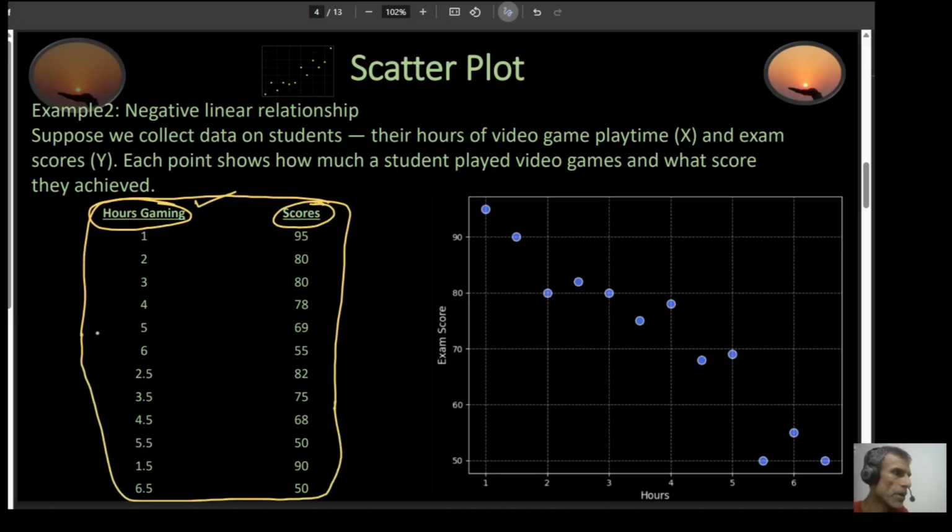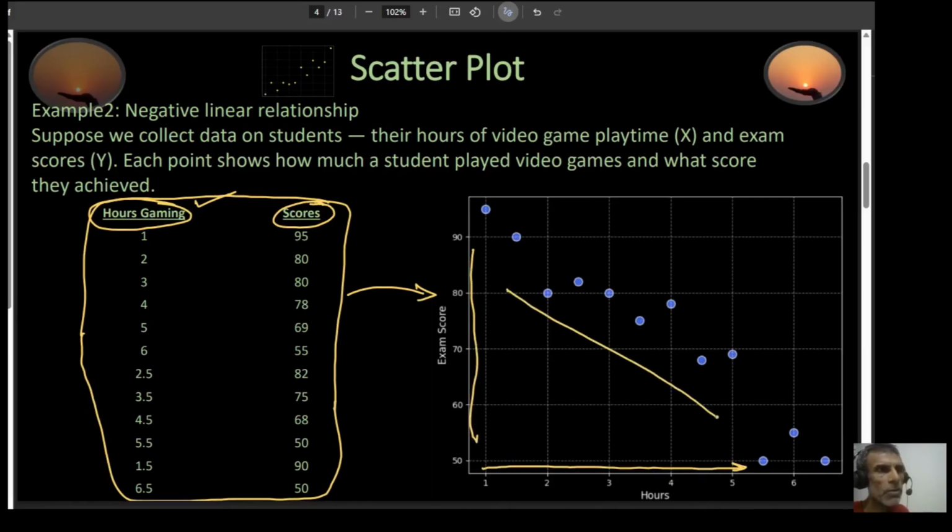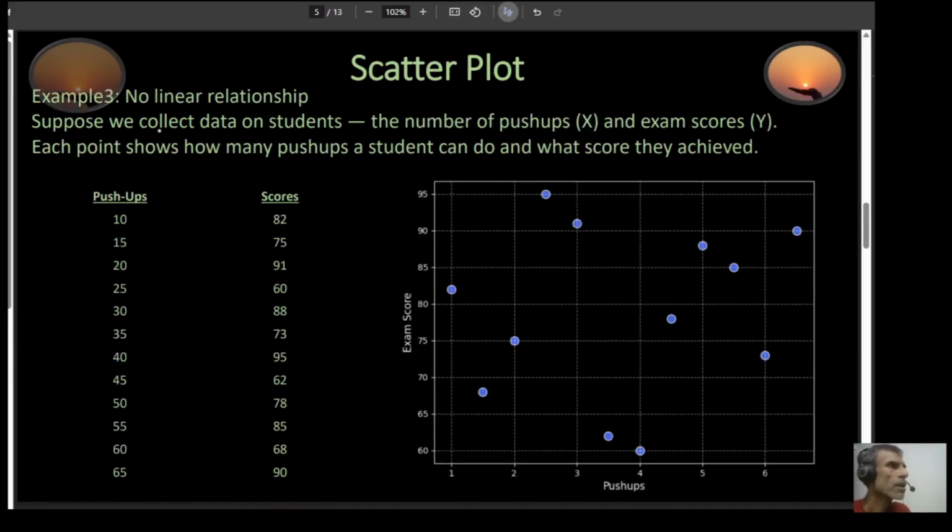But when you plot it, you can tell that as the number of hours increases, his score decreases. This is my y-axis right here. So as he spends more hours on video games, his score goes down. By looking at your scatterplot, you get a better visual on your data.